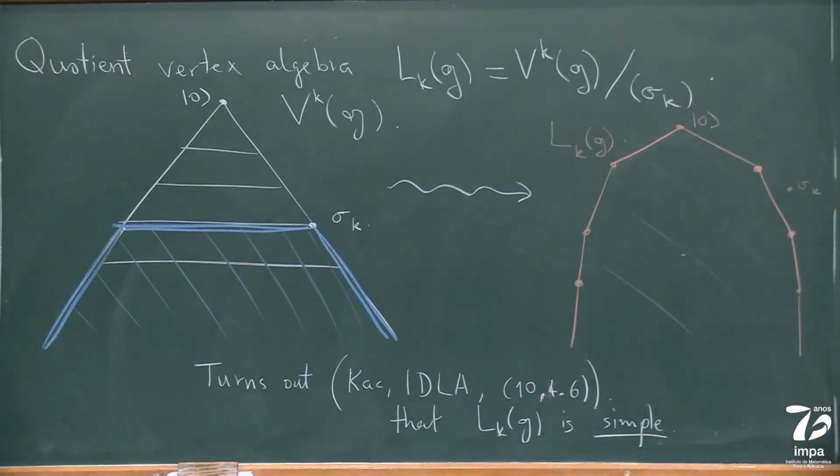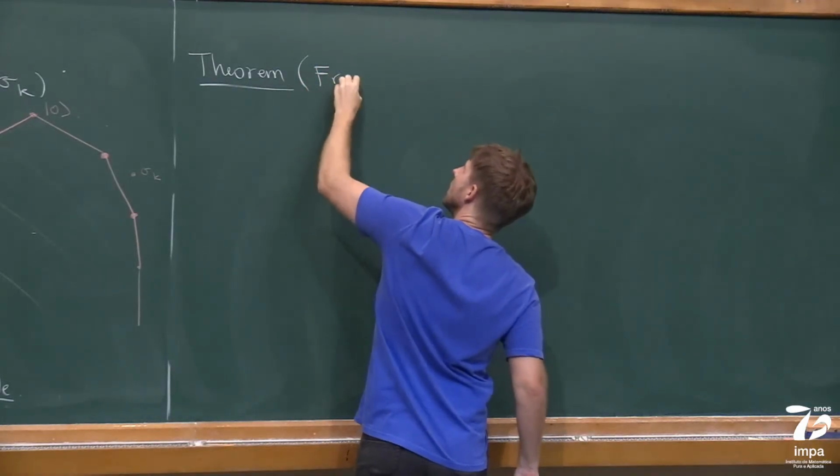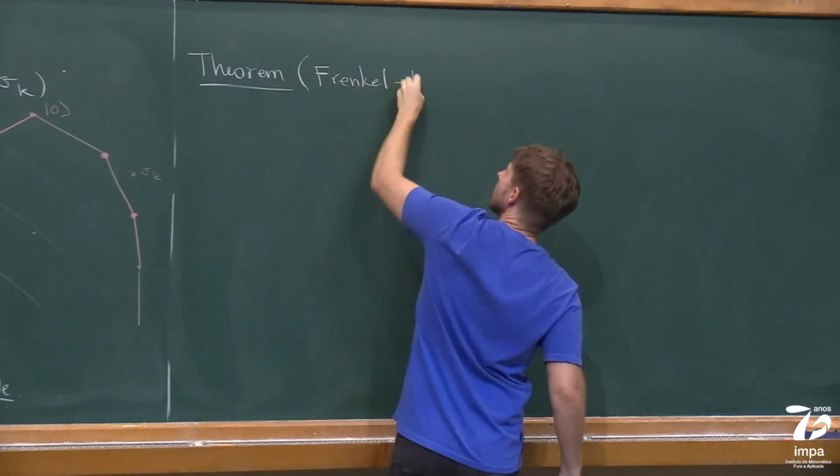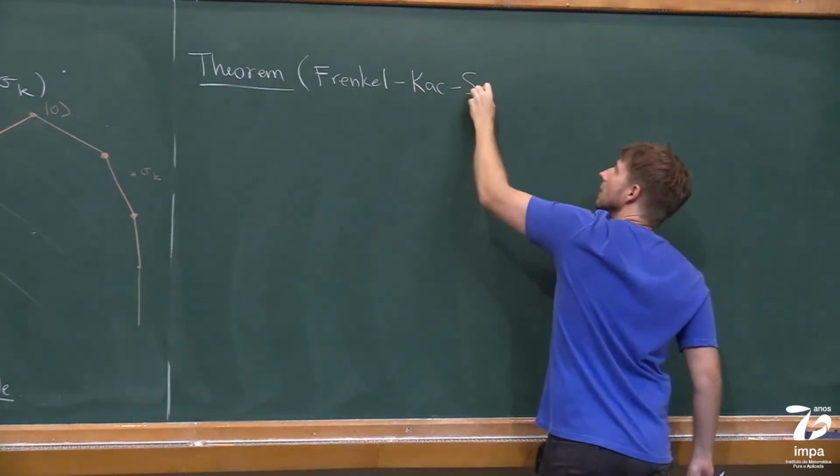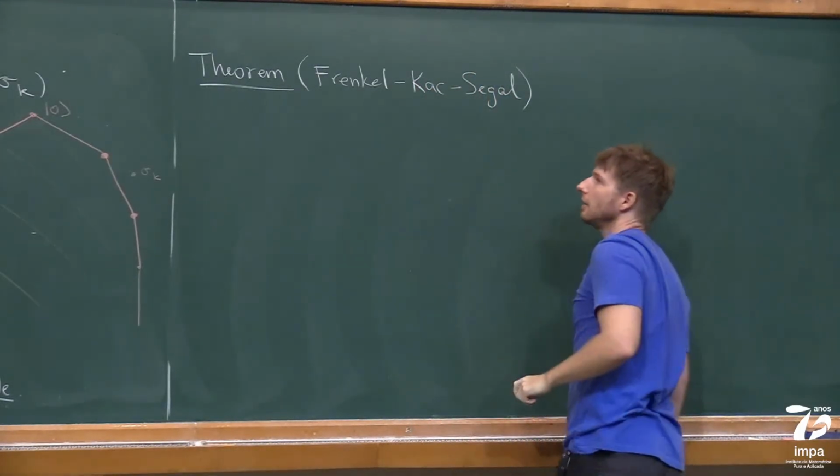So what does simple mean? It means it has no non-trivial ideals, which is equivalent to showing that the maximal G hat submodule is generated by this vector sigma k, and that is proved in that book. The theorem, so this is Frenkel, Kac, Segal.